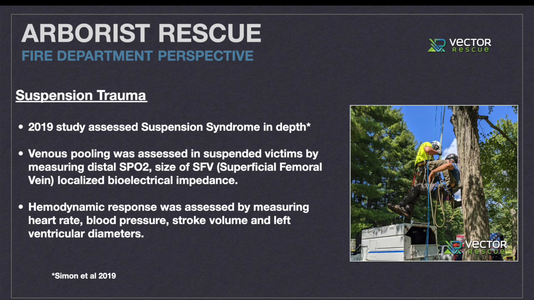It's a lot of fancy words for in-depth monitoring of venous pooling. They also measured hemodynamic response, so for the victim overall, by looking at heart rate, blood pressure, the stroke volume of their heart, and the size of the left ventricles.